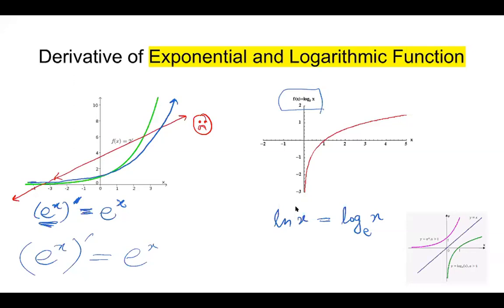Perfect. So what kind of function can we make as a derivative of this function? The function has to be positive. Of course it is, because since it is always increasing, the derivative must be always positive. But since the function is increasing at a decreasing rate, the derivative must be getting smaller and smaller.